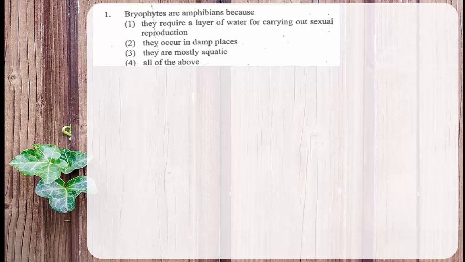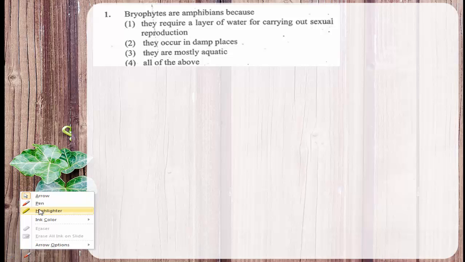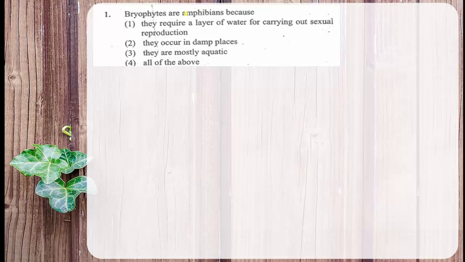So bryophytes, as you know, are commonly called the amphibians of the plant kingdom. What is the reason? After algae, the bryophytes are the first plants that started growing on the land, because algae are adapted to an aquatic mode of life.